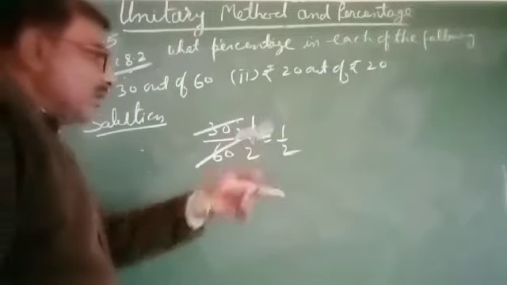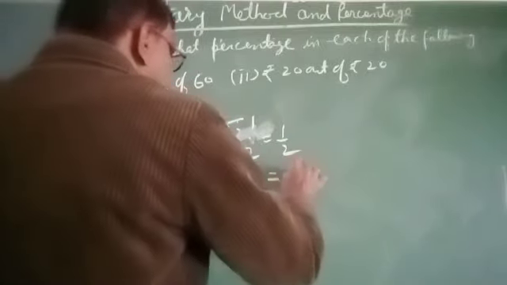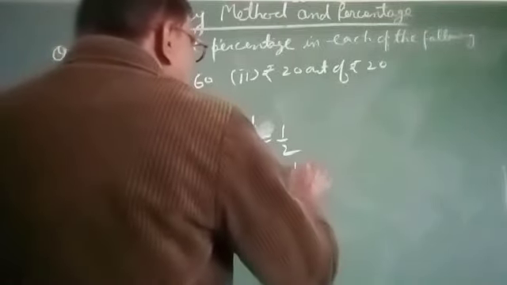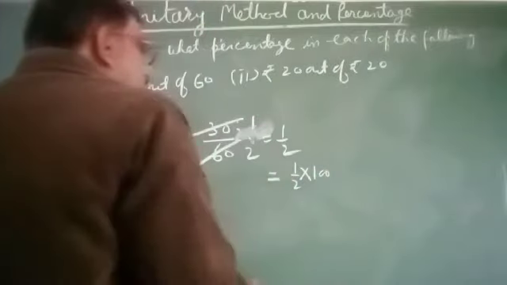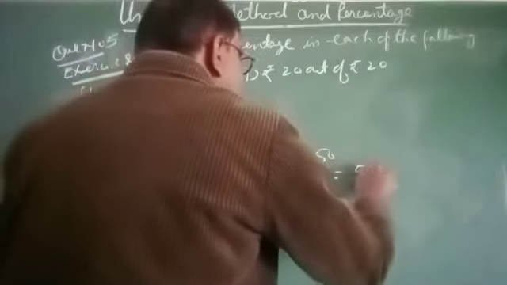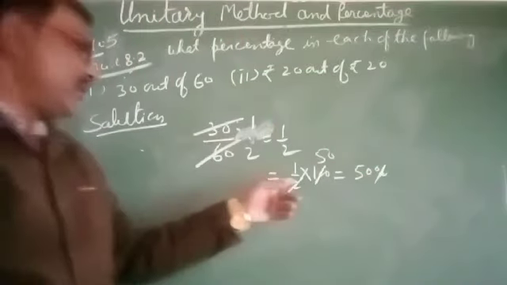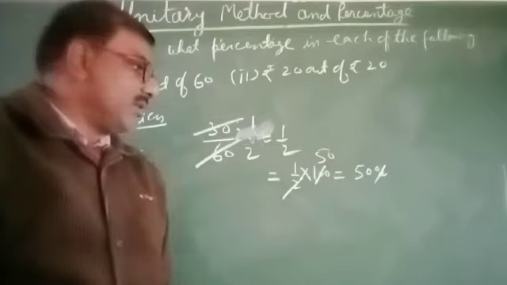When you convert this fraction into percentage, it will be 1 by 2 multiplied by 100, and it will be equal to 50%. So 30 out of 60 will be 50%.